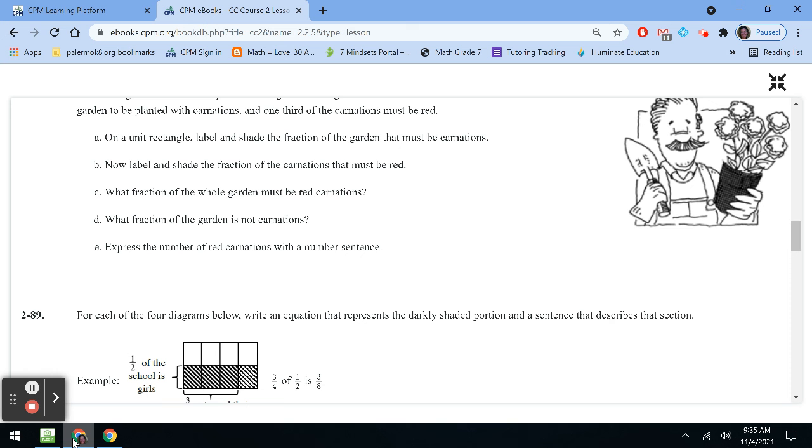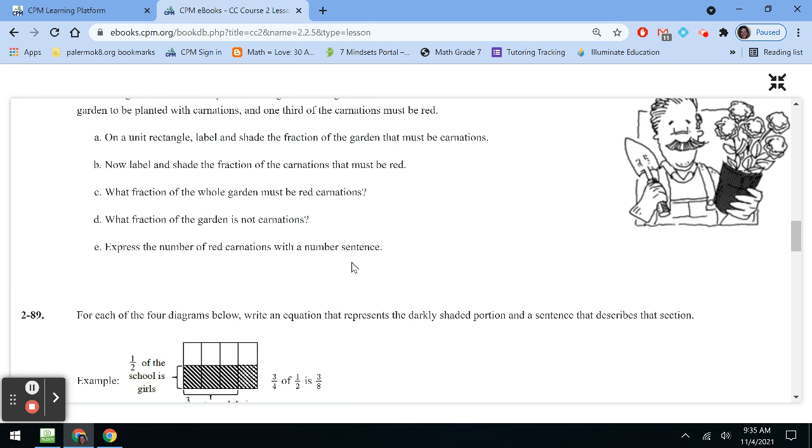Part D says, express the number of red carnations with a number sentence. Some kids really remembered what a number sentence was. Some students struggled with that. So a number phrase is an expression. A number sentence is an equation, with an equal sign.